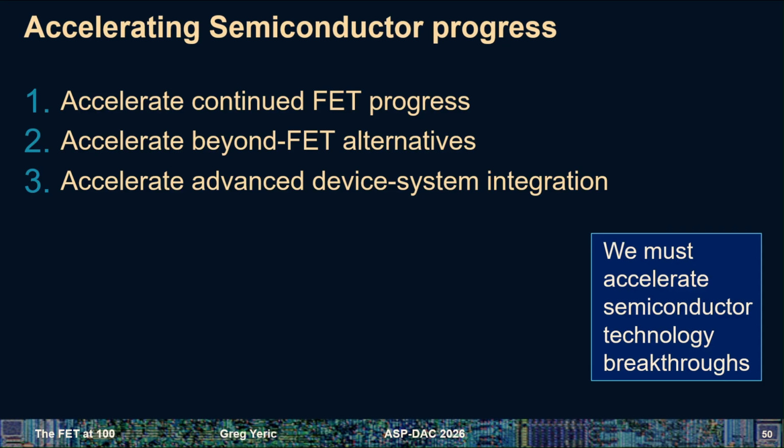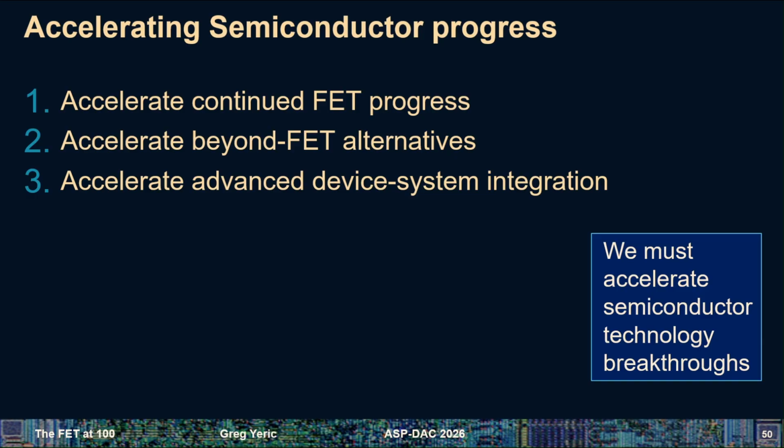And there are three vectors of progress we can focus on. One vector, we know we need to make the existing FETs better. That's limited in its ability to make progress, but it's what we know we can do now. Then we need to really accelerate things that are beyond the field effect transistor that could really get us to lower power computation.